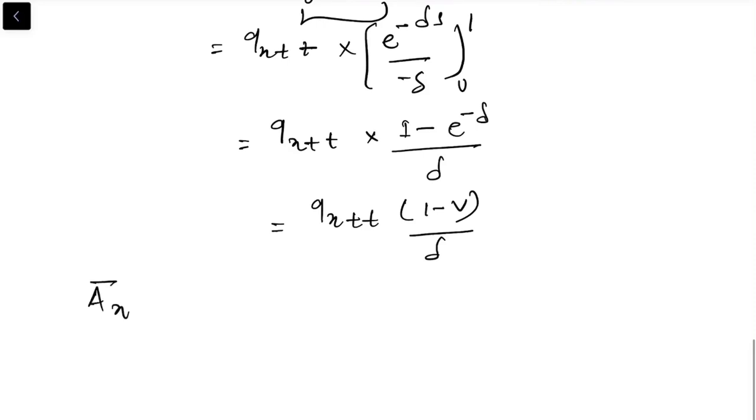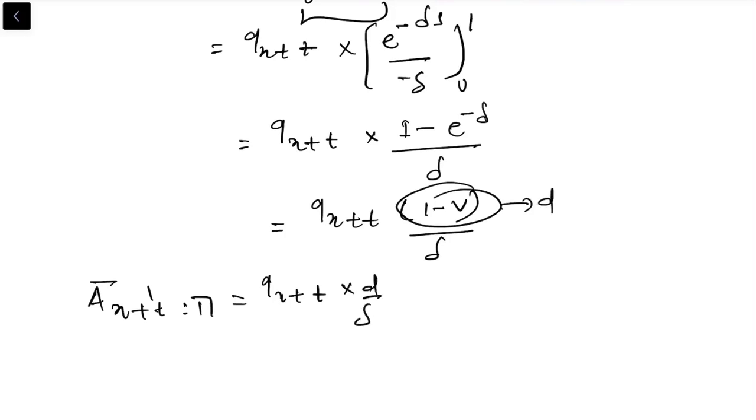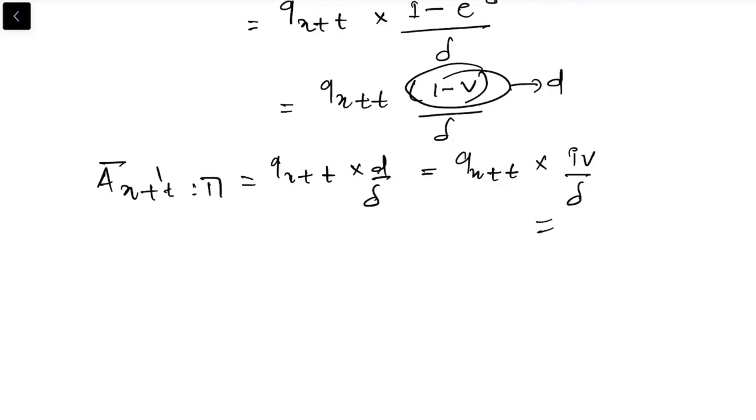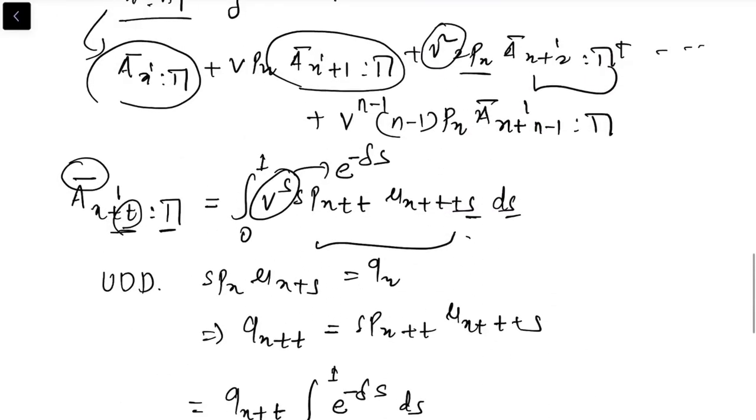So we have derived ā¹_{x+t:1} is nothing but q_{x+t} times 1 minus v over δ, so this is d over δ, or q_{x+t} d over δ, and d is nothing but iv, so we can write iv by δ. Okay, now we can use this result in this expression.